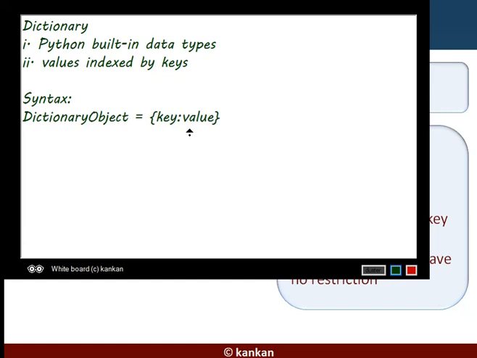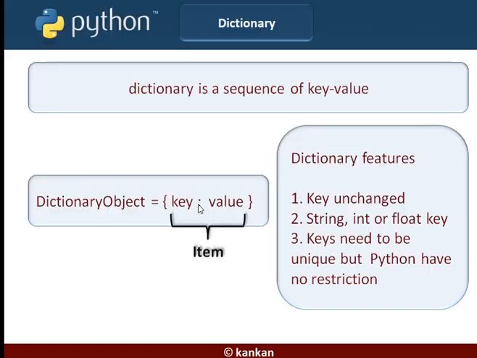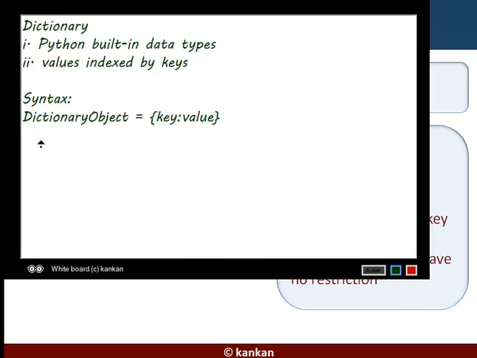One item has two parts: one part is key and another part is value, separated by a colon. Each item is separated by a comma.